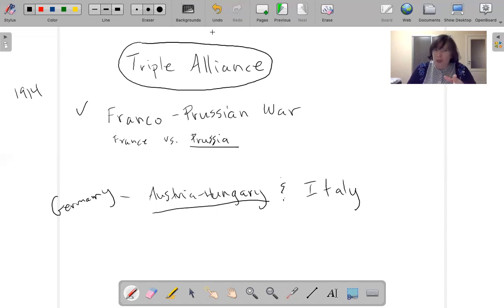That's the official name of the deal they made. It's the Triple Alliance. That was in 1882. So that was quite a while before 1914. The Franco-Prussian War had happened way before. So in 1882, Germany, Austria, and Italy made the Triple Alliance.